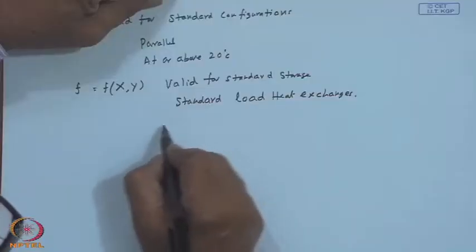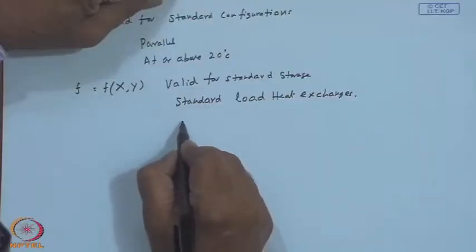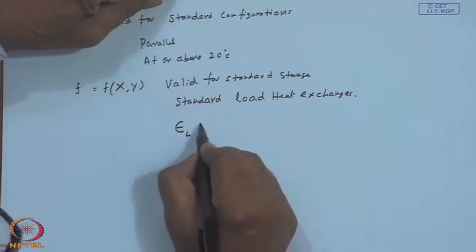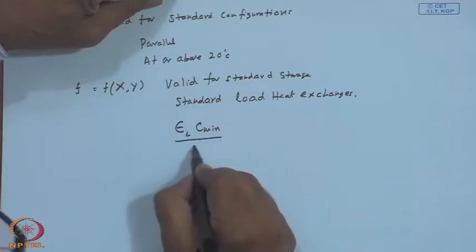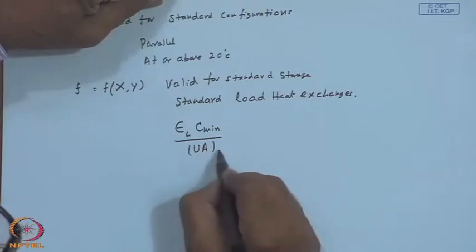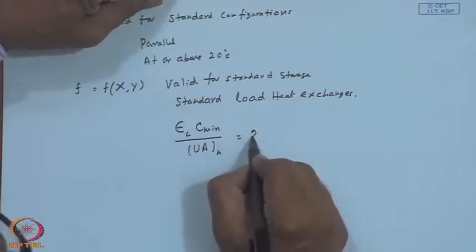Whereas, in the case of water heating, there should be an exchange mechanism from the heat of the water to heat the air, which in turn goes to the rooms to keep them at a comfortable level of approximately 20 degrees C. So, this is valid for a standard load heat exchanger for a value of epsilon L C minimum by UA house equal to 2.